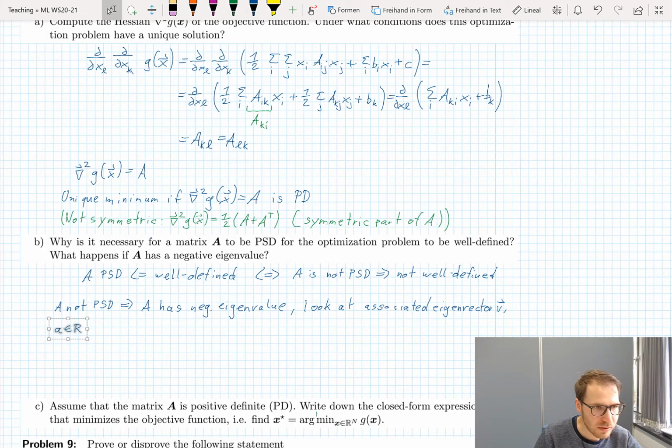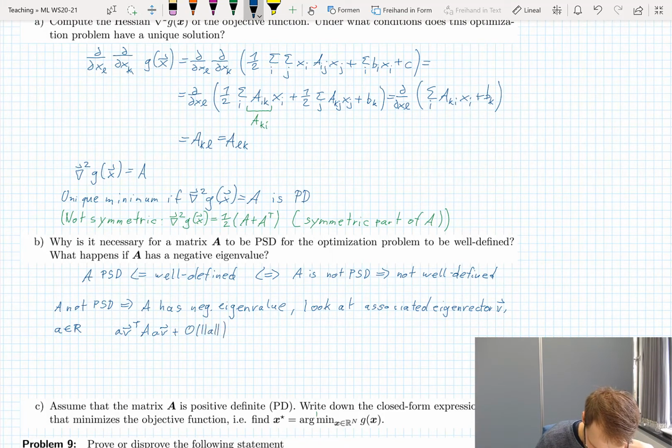Okay, now we look at the quadratic term. If we move far away from 0, the quadratic term is always dominating. So we look at alpha squared v transposed A v, plus O of alpha.